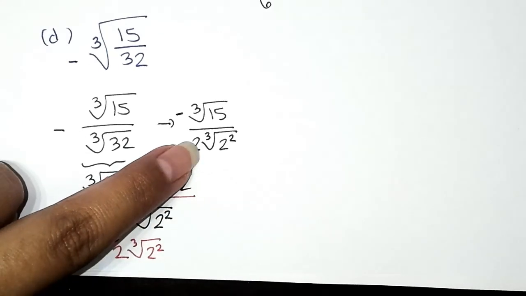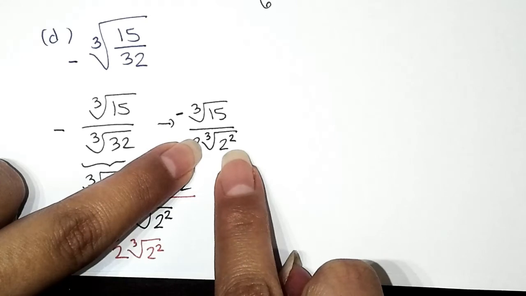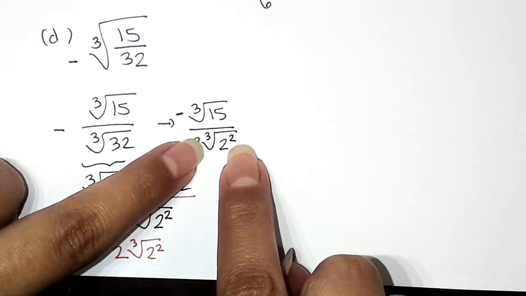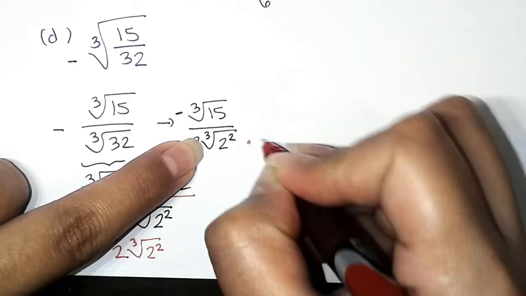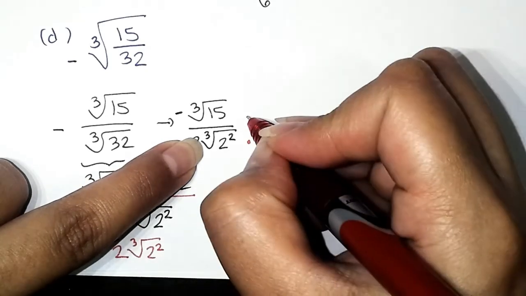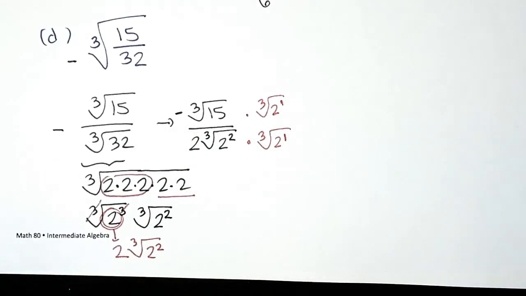Index is 3, so we need 3 factors in order to cancel out the radical. We got 2 factors, so to go from 2 to 3, we need 1 more factor of that base, so we need 1 more factor of 2. So let's go ahead and multiply top and bottom by 1 more factor of 2. Cool. Okay, so it's just the cube root of 2.